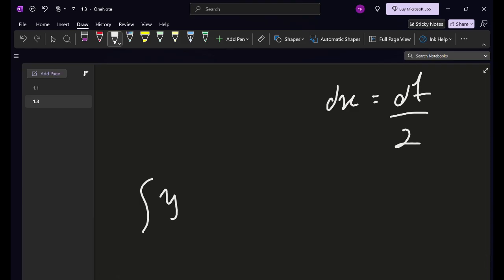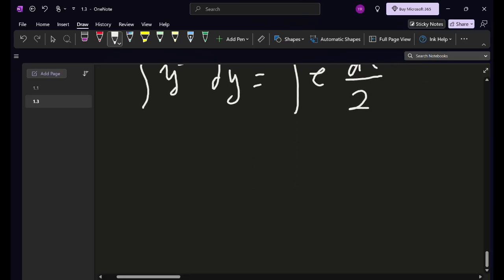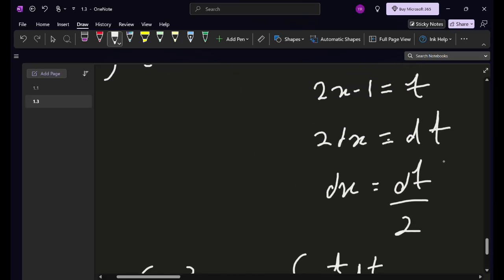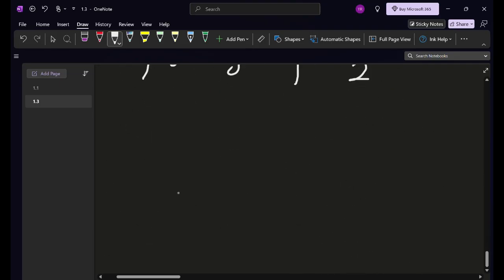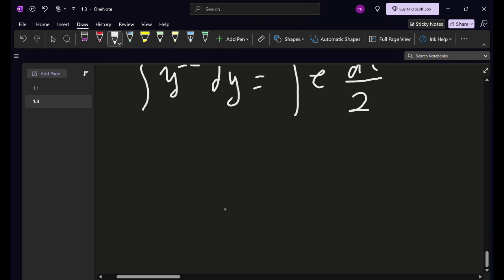So from there we get y to the power minus 2 dy is equal to the integration of e to the power t dt by 2. The y square, I have just written as y to the power minus 2, and then we integrate it from there.